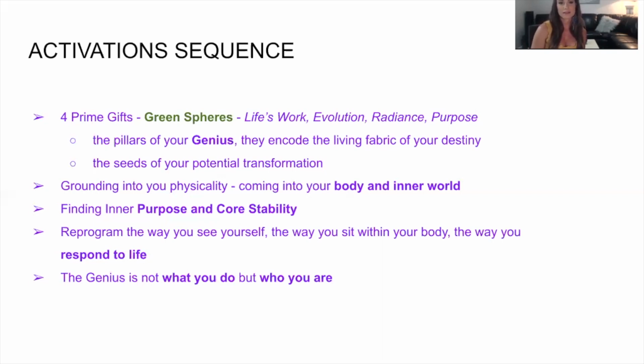And then it says the genius is not what you do but who you are. So really, when we look at the activation sequence, we could say that the life's work has to do a little bit with what you do, but actually it's really fueled by your soul. So it's fueled on the bottom from the purpose that you're grounded in. It's going to be fueled in your vocation, that's in the middle of your profile that you're going to come to at the end of the golden path.